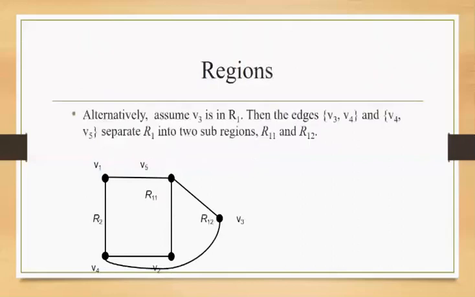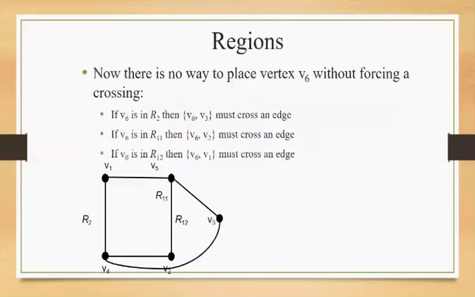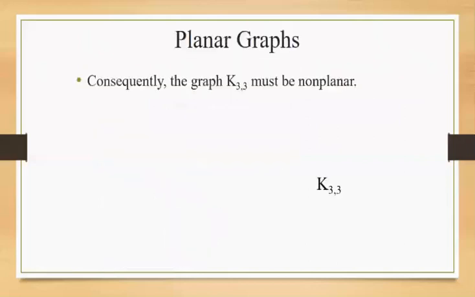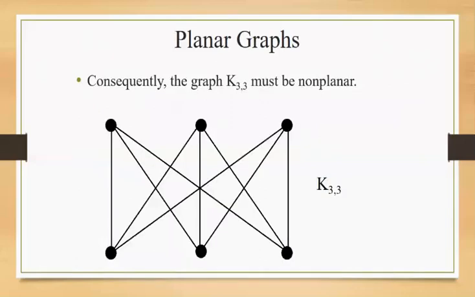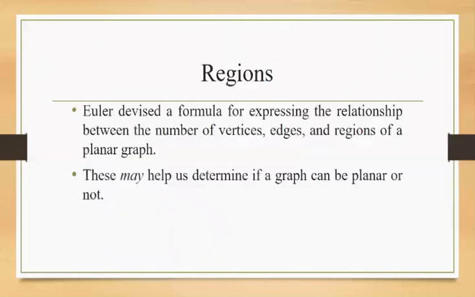Please verify this by yourself: place V3 and check whether you can create it, and then try to place V6 the same way. So basically the conclusion is that the graph K33 must be non-planar. We have seen all the scenarios and we conclude that K33 is not planar.